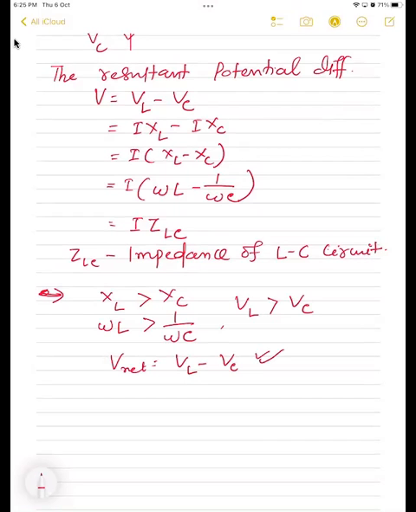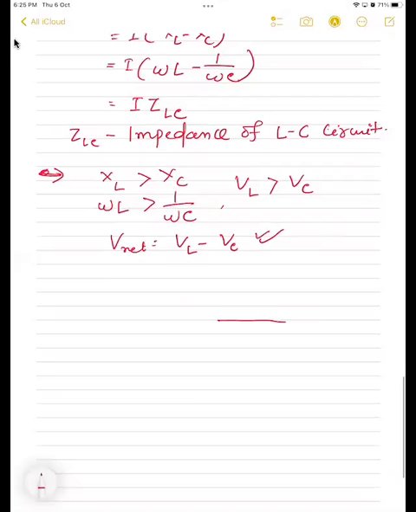And now current lags the voltage by pi by 2. Because if this was my current on the x-axis, and this was VL and this was VC, I wanted to find VL minus VC. So minus VC will be in this direction. So as a result, this is going to be VL minus VC, and current will be as usual.